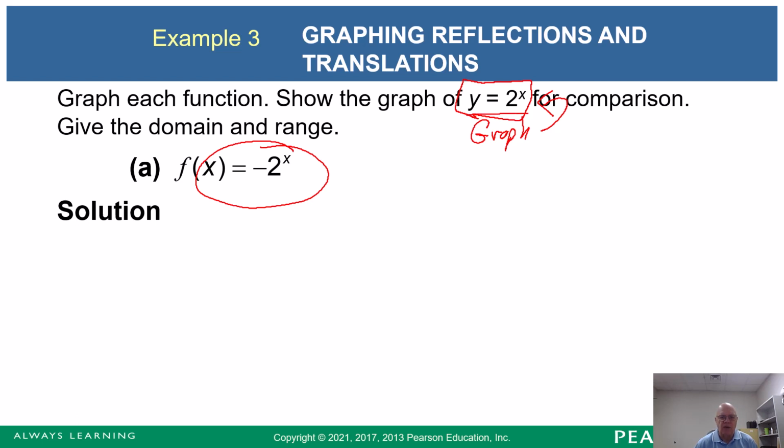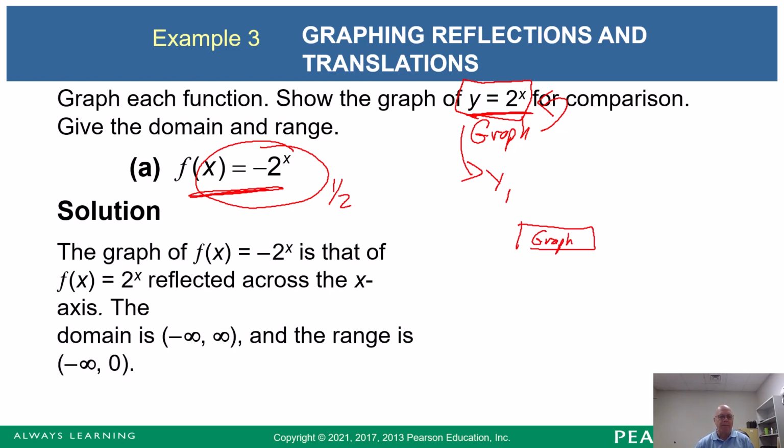Graph this one first, take a look at it, and graph this one. Don't replace it. So use y sub 1 for this one, use y sub 2 for this one, so they'll both show when you hit the graph key on your calculator.